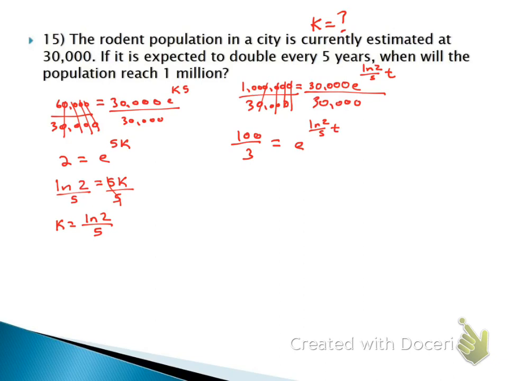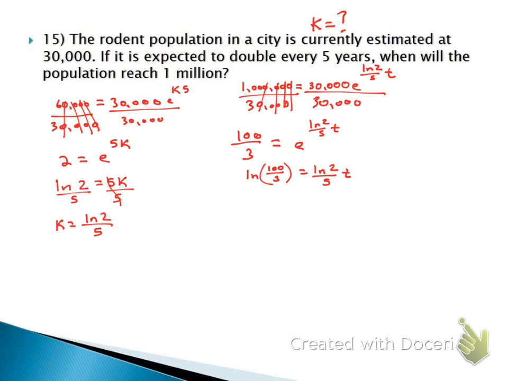Log base e becomes ln of 100 over 3 equals the natural log of 2 over 5 times t.